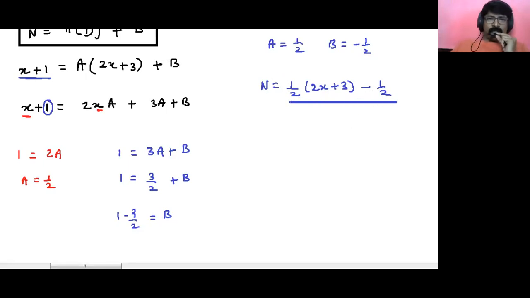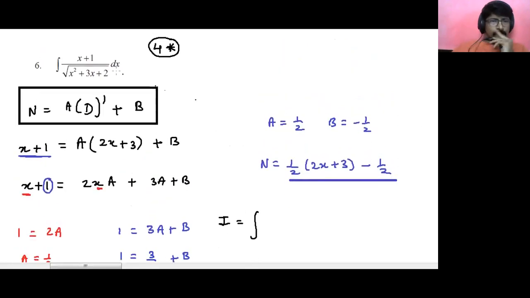Now, what is the integration? Integration is basically the integration of the numerator, that is x plus 1. So the numerator, can I copy paste this? Yes, I can copy paste these as it is.